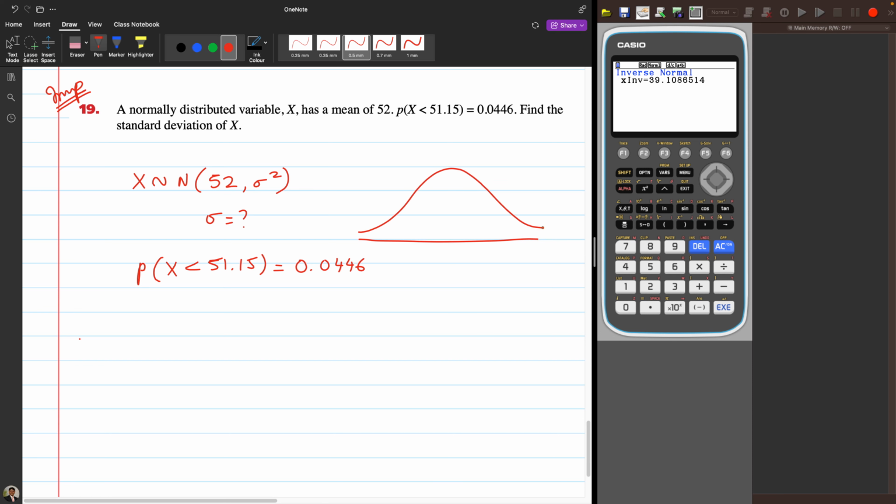If I look at this on my distribution, the mean is 52, 51.15 is your x value, and we want the area less than that, which is given to be 0.0446.